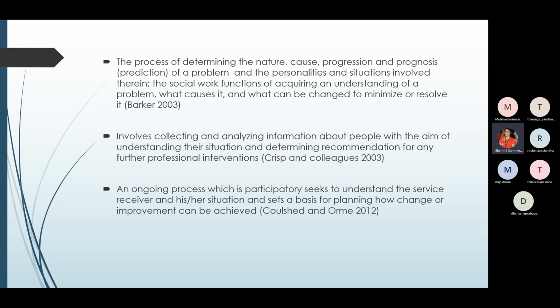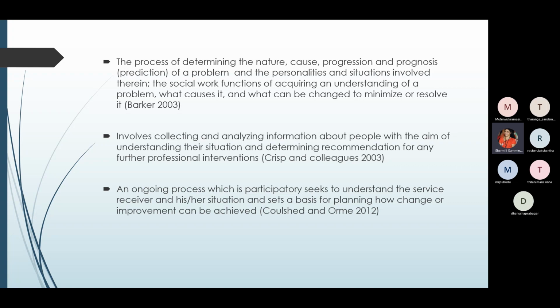problem, and the personalities and situations involved there. We can also identify what the patient's personality is and what situations are causing the occurrence of this problem. The social work function of acquiring an understanding of a problem, what causes it, and what can be changed to minimize or resolve it.